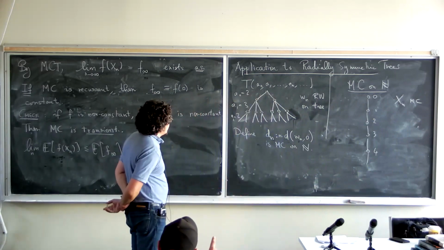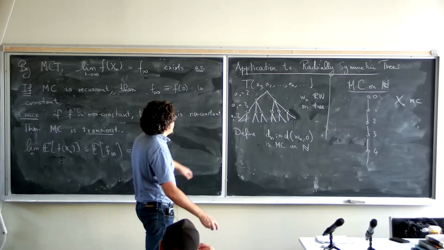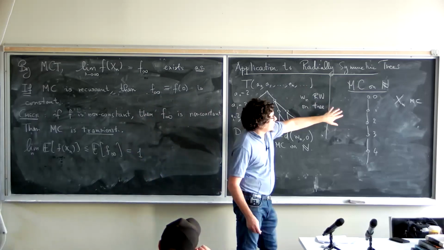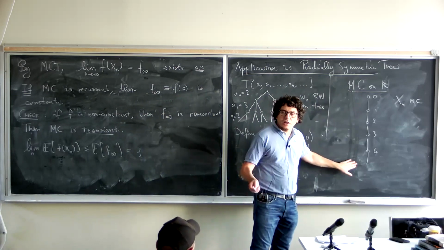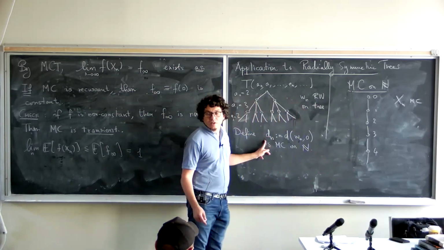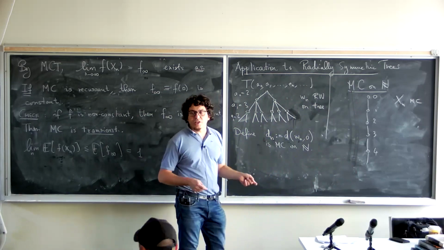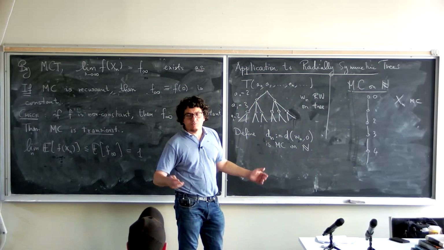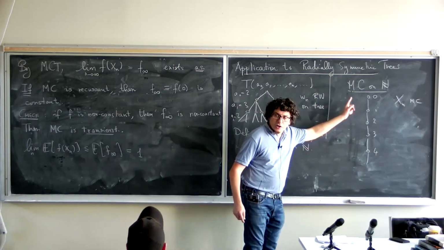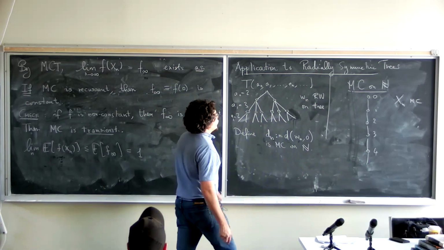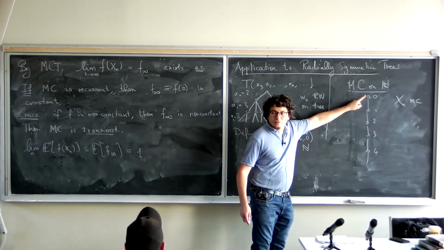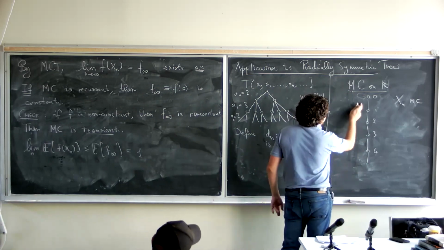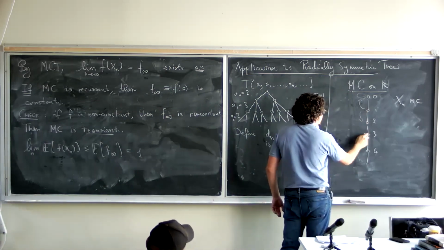I'm confused with the setup. You start with the tree and, yeah, we start with the random walk on a tree, and I can construct a Markov chain on N. And the way is you just look at the distance, right? So at each step, instead of recording the position on the tree, you just record the distance. This is a number. And so you're somewhere on here, at least if you're not at 0, because, okay, the way we set up the Markov chain before is that if we are at 0, we go back.